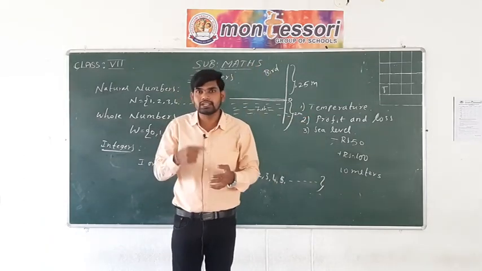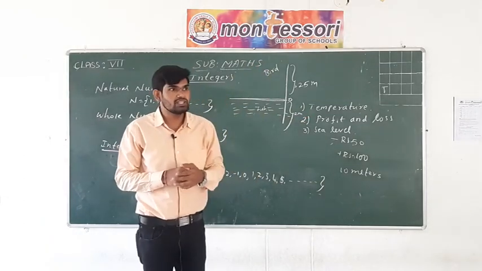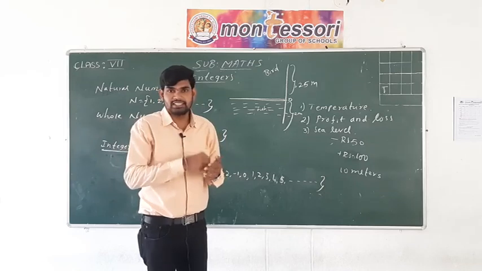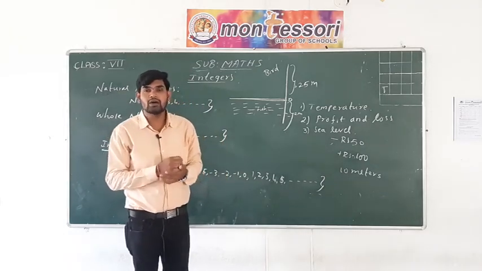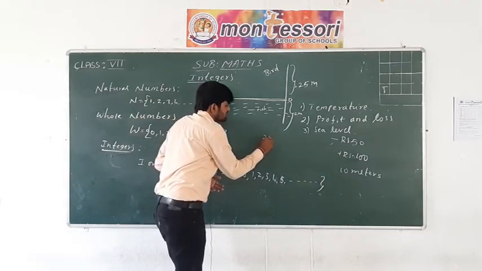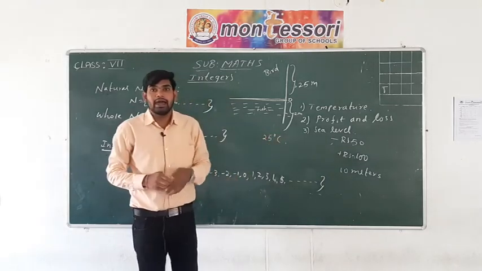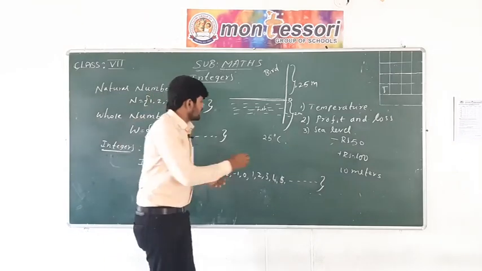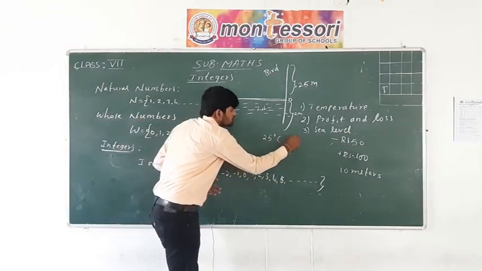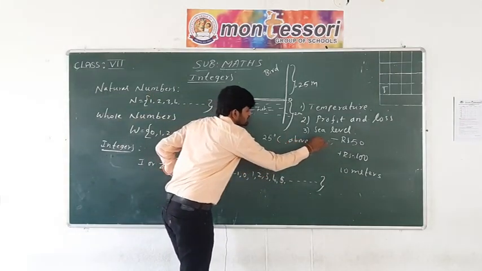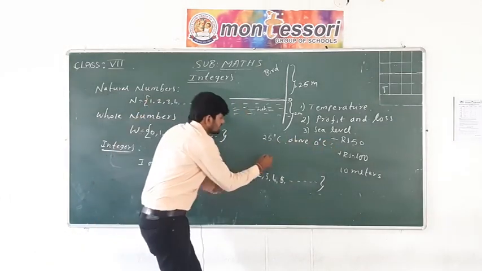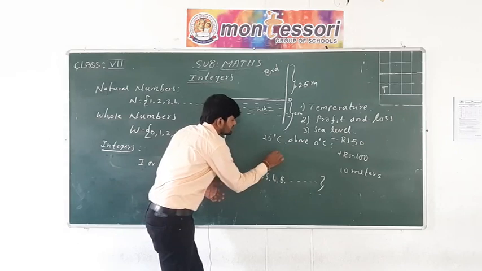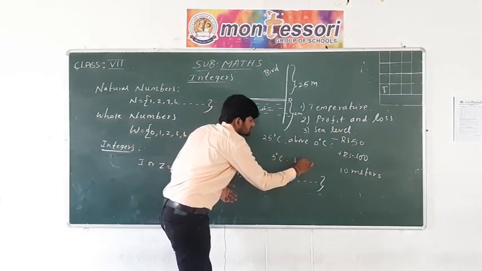And one more example, let us take the temperature during the winter season. In the winter season in Telangana state, we have 25 degrees Celsius. If I take Simla, it is 5 degrees Celsius below 0 degrees.